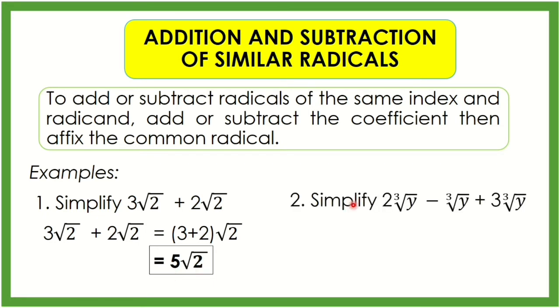Another example, simplify 2 cube root of y minus cube root of y plus 3 cube root of y. Meron tayong similar radicals, cube root of y yung kanilang common radical. Ang gagawin natin, i-add natin yung kanilang coefficient at saka isusubtract.